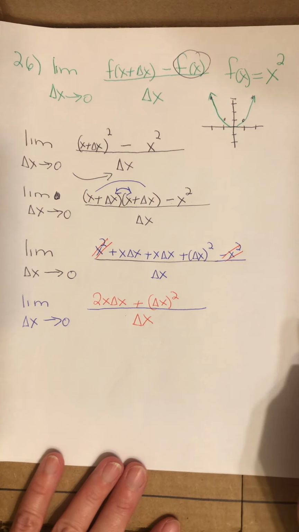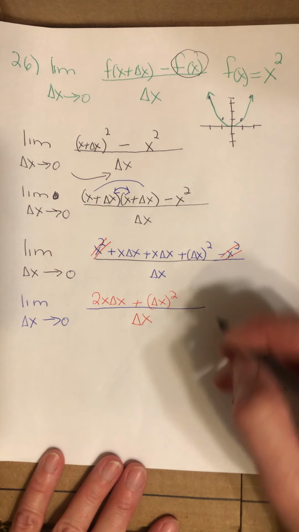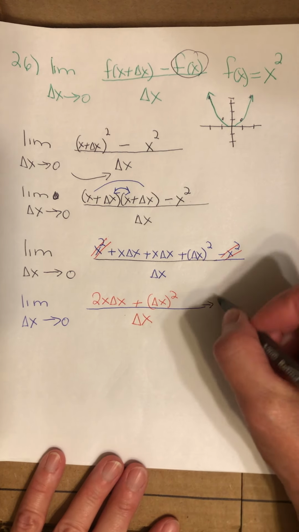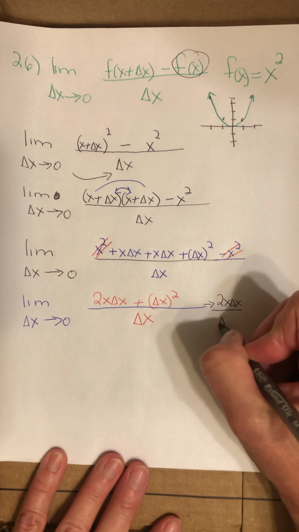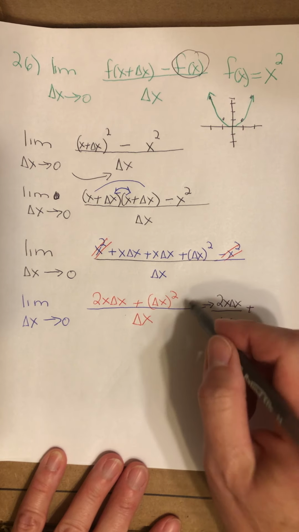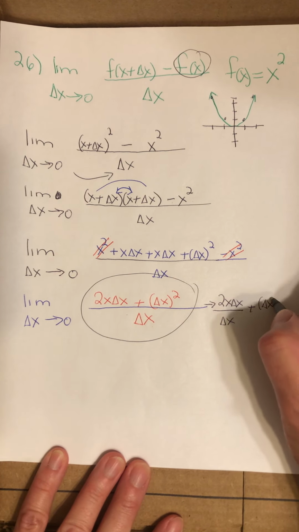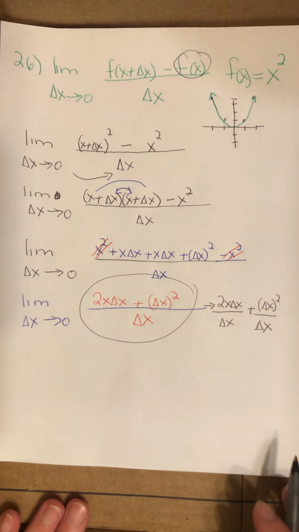Okay, so you can do this without doing extra work, but I'm just going to show you by splitting it up. This Δx is a common denominator, so I am going to rewrite this expression as 2 separate fractions. I just want to make sure you don't mess up your algebra.